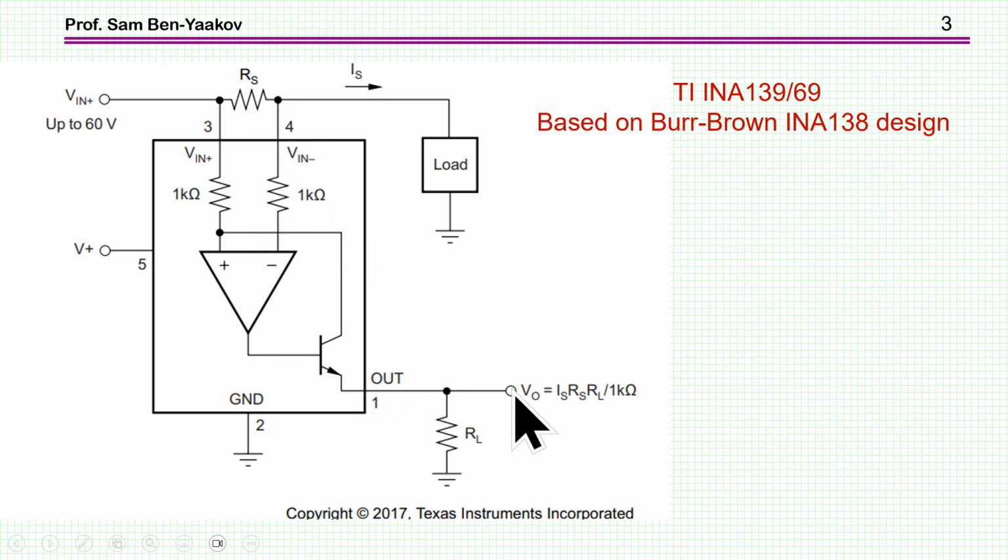Therefore the voltage here is proportional to the sensed current times the resistor R sub L, divided by this 1 kilo. So this is a type of application in which we are not passing a constant or controlled current through a load, but rather using the current source in a different way, as a buffer or isolator, I would say, between a measured value and an output.